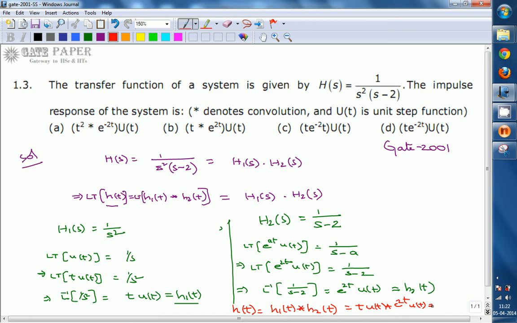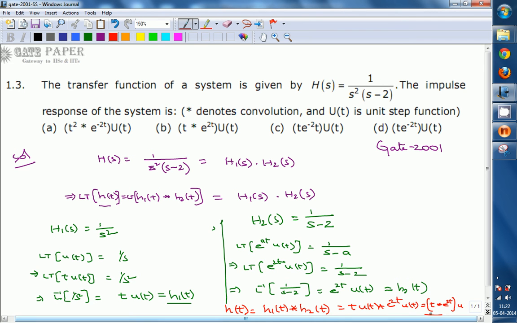Then finally we can write that t convoluted with e power 2t into u of t. That is the answer here. Then the answer for this is t into u of t convoluted with e power 2t into u of t.